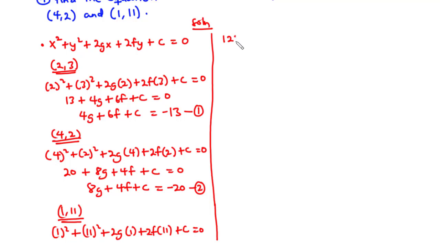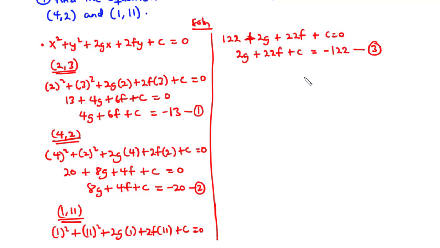We have 122 plus 2g plus 22f plus c equals 0. Sorry, this is supposed to be plus. So we have 2g plus 22f plus c equals negative 122. Let's call this equation 3.